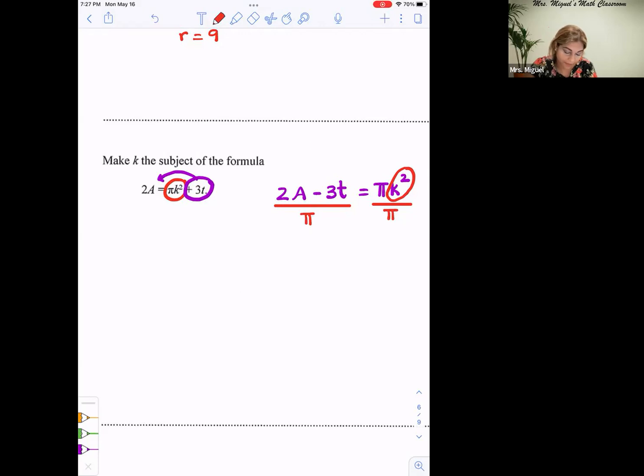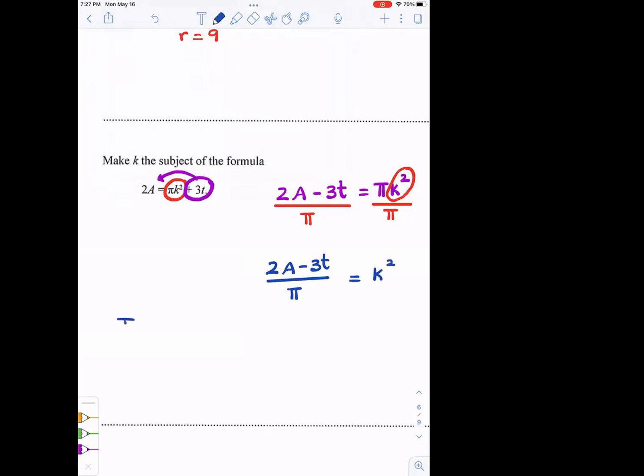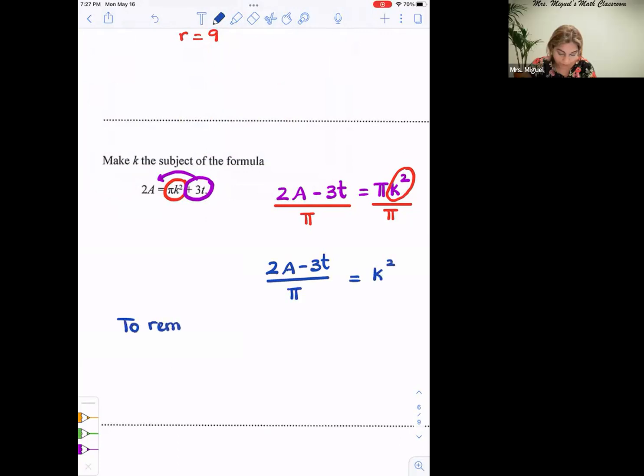So you're supposed to have 2a minus 3t on pi is equal to k squared. Do you all have that? Yeah, miss. Now, to remove the square, take square roots.